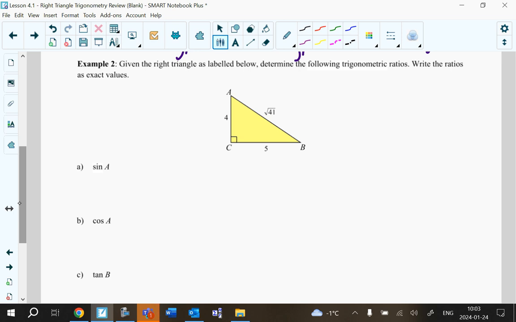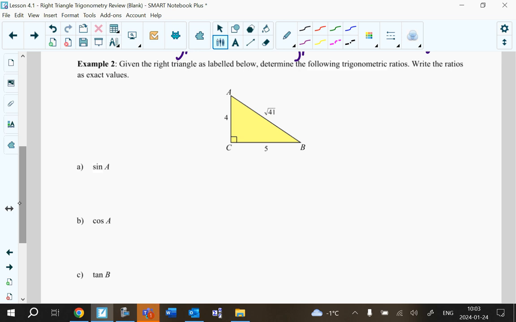So here's a right triangle, ABC, and we are told the lengths of all three sides. And that does work because 4 squared plus 5 squared does in fact equal the square root of 41 squared.